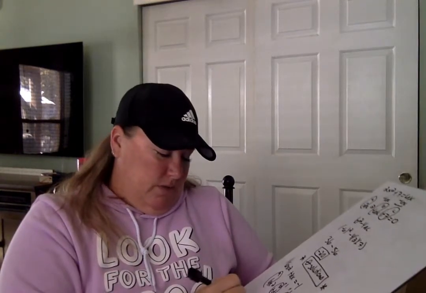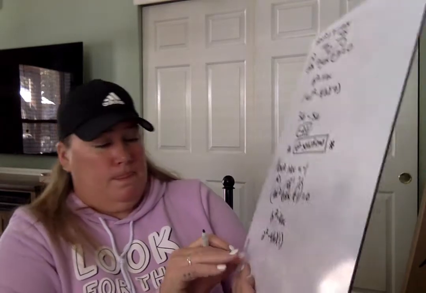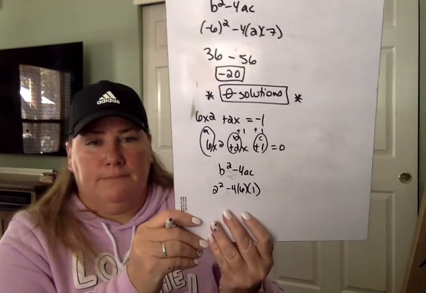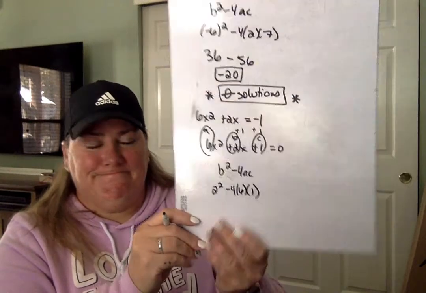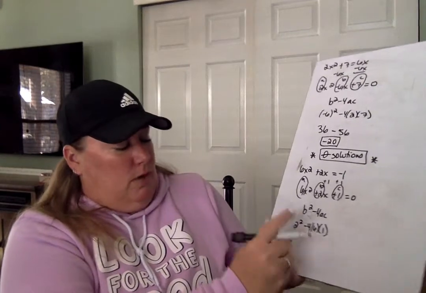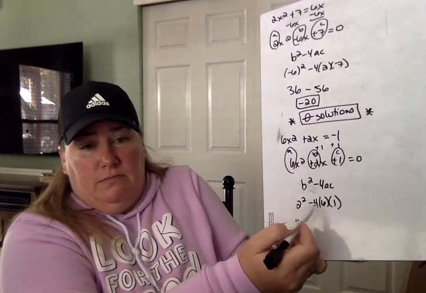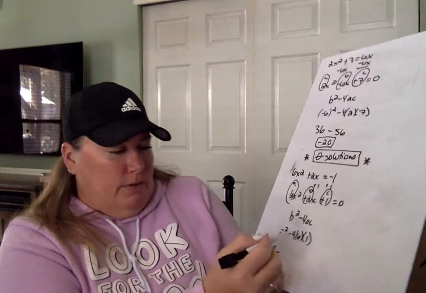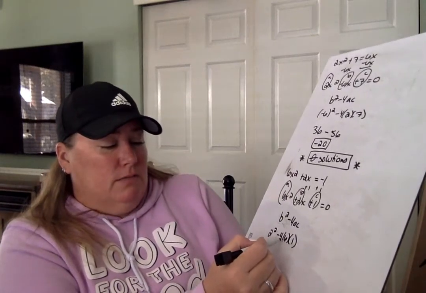So B is 2, so we have 2 squared minus 4 times, my goodness, A is 6 times C, which is 1. Two squared, 4. And so I'm just going to bring down my negative here since I just want to do it that way. So 4 times 6 is 24.